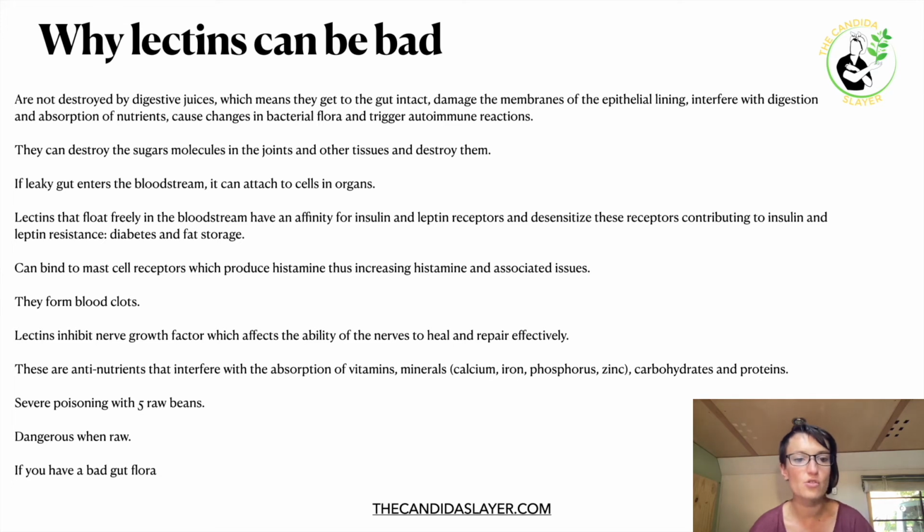Lectins are antinutrients that interfere with the absorption of vitamins, minerals, especially calcium, iron, phosphorus, zinc, with carbohydrates and proteins. You can get severely poisoned by only eating 5 raw beans. So lectins are mainly dangerous when they are raw. And lectins can be bad, especially if you have bad gut flora.